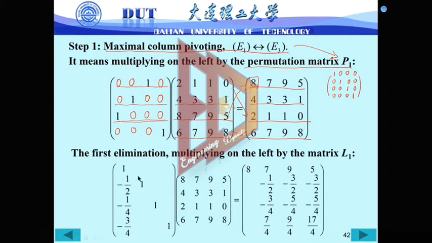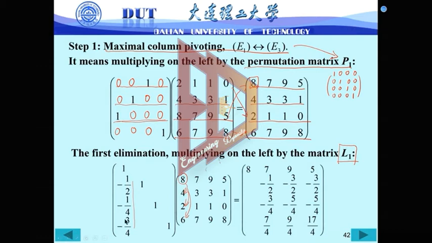Okay, so that means we need to multiply by L1. Remember, L1 is a lower triangular matrix with 1s on its diagonal. In the first elimination, we use 8 to eliminate the 3 numbers in the first column, so we can put the 3 multipliers in the first column, right?